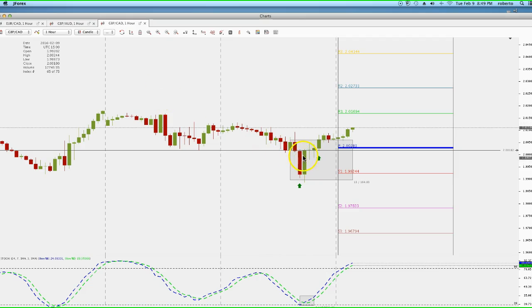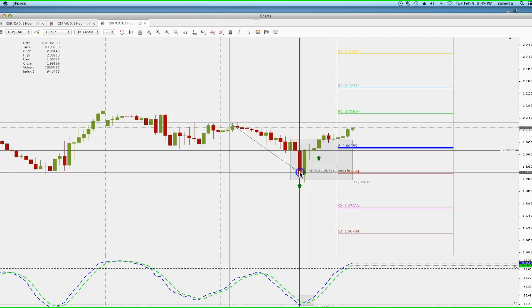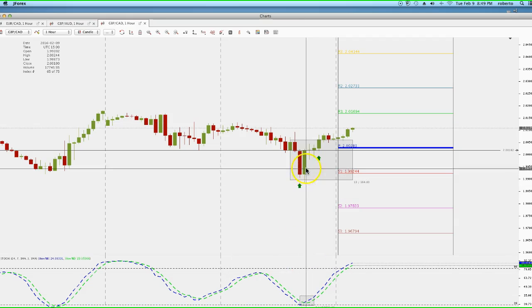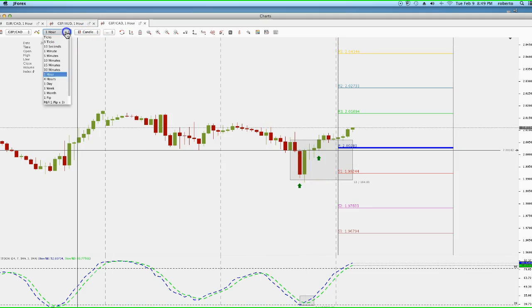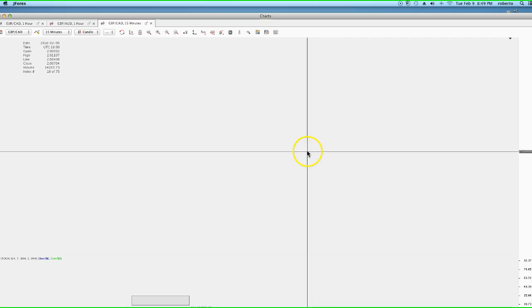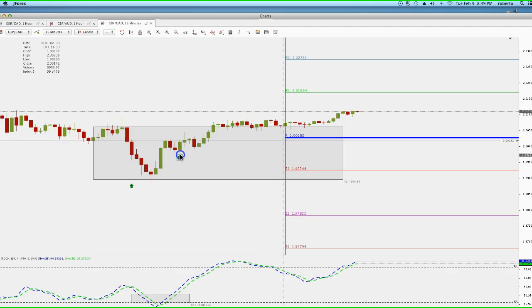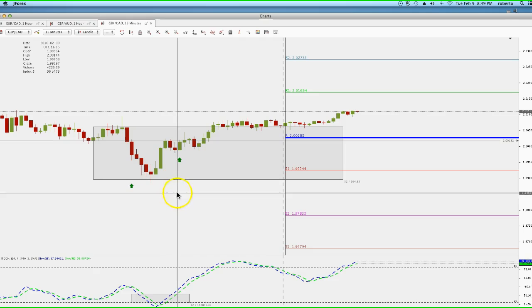But if you see this bullish engulfing candle after the market had sold off all day, putting in 231 pips, with stochastics oversold, then we would go to the 15-minute chart and start looking for that signal. And that signal did occur around here, about an hour before the 1-hour chart alerted us for a trade signal.